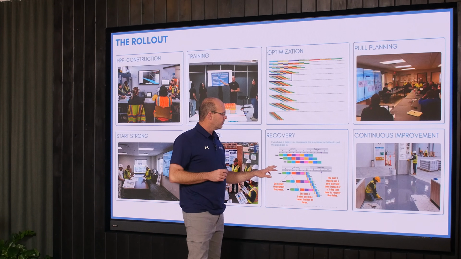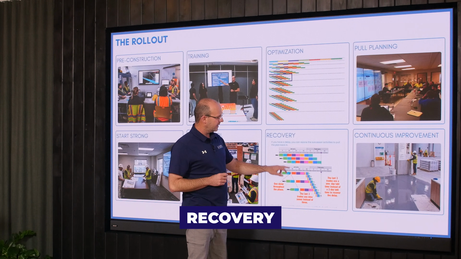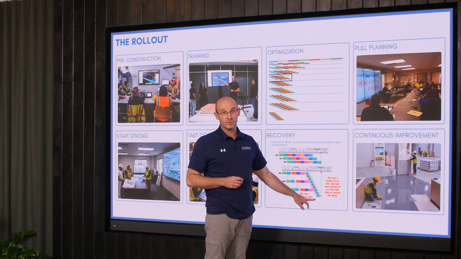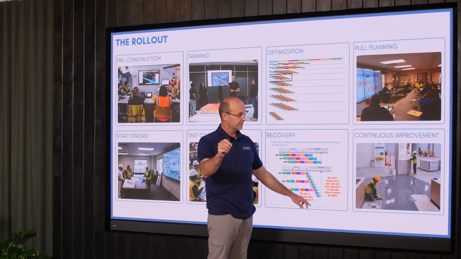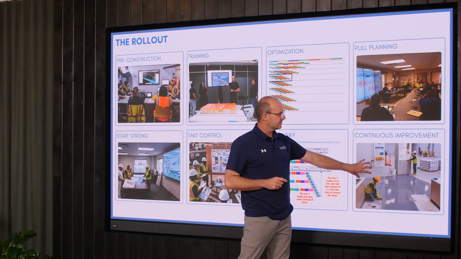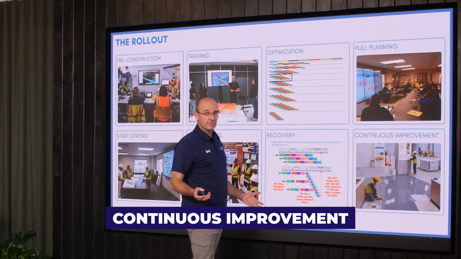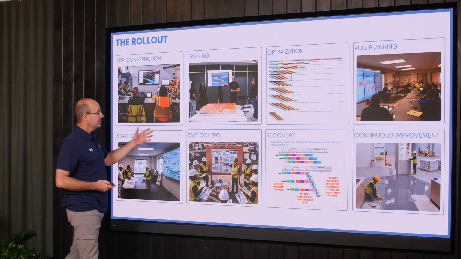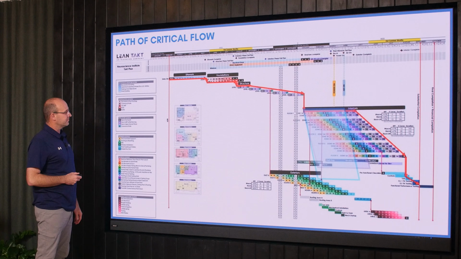And if we come into a problem, we can recover. So if there's a delay here, we've got 12 different ways to recover that don't hurt you. Okay? And then that allows us to continuously improve the system because we have visual standards. That's how you interact with the overall system.